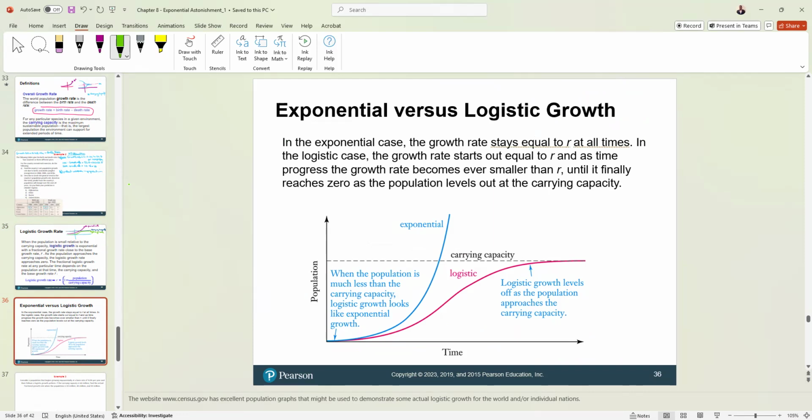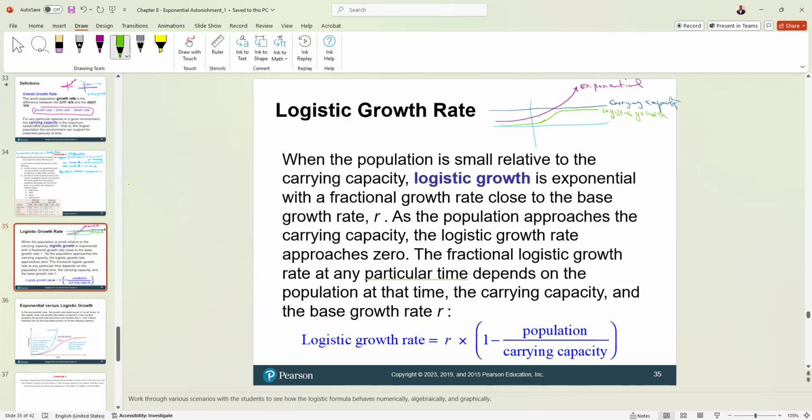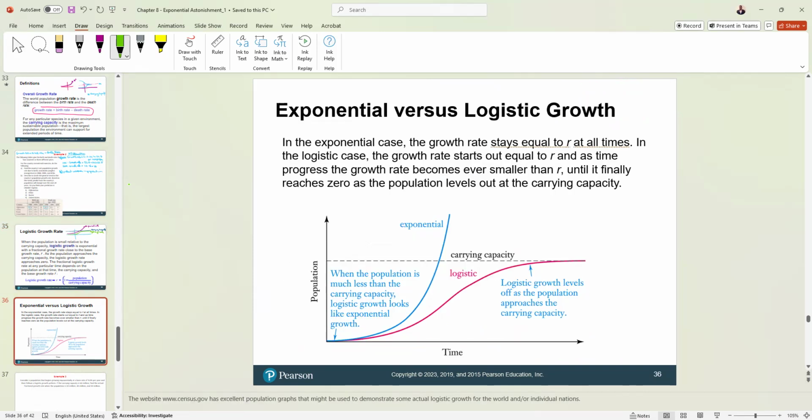In exponential growth, the growth rate stays equal to R all the time. In the logistic case, the growth rate starts out equal to R, and as time progresses, the growth rate becomes ever smaller than R until it finally reaches zero as the population levels out at the carrying capacity.